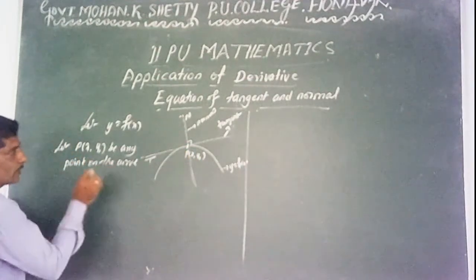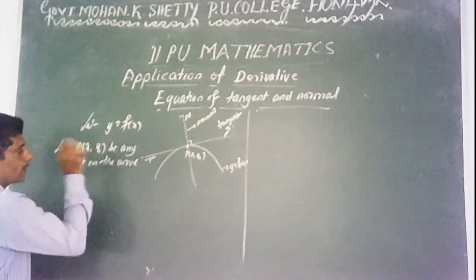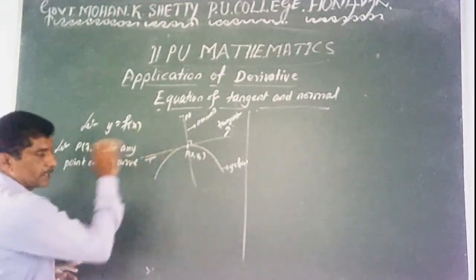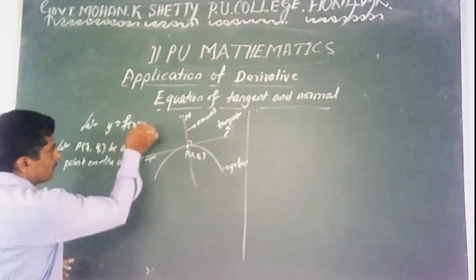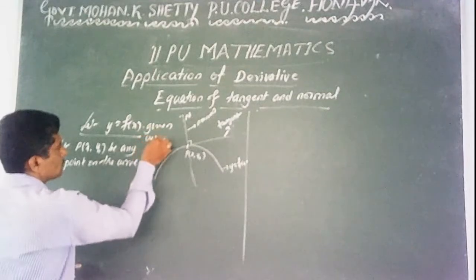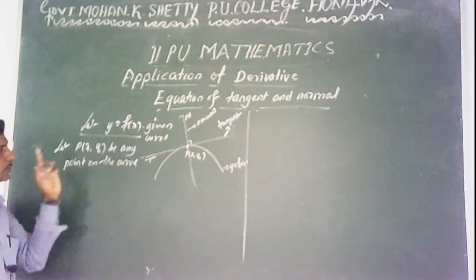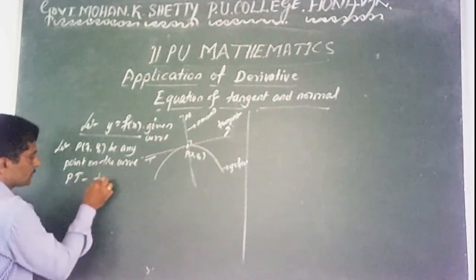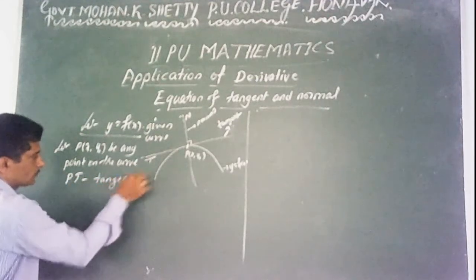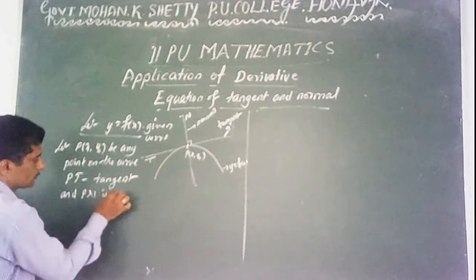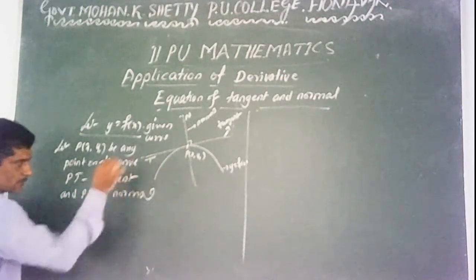Then you know that y is equal to f of x is a continuous curve, it is differentiable, a real valued function. Given the curve, P x1 comma y1 is any point on the curve, PT is the tangent and Pn is the normal.